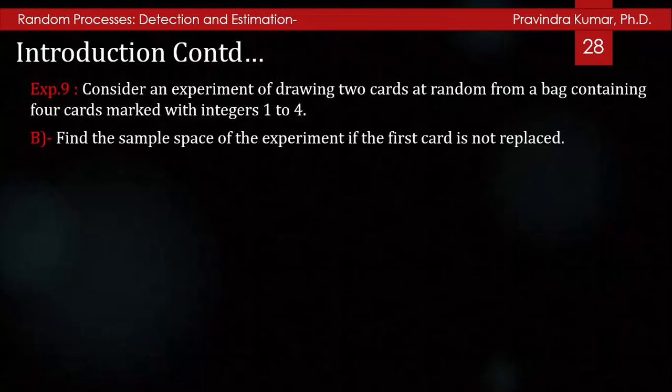And the second part, the same question, and this time find the sample space of the experiment if the first card is not replaced. Now in this condition I am selecting a card but not replacing it.